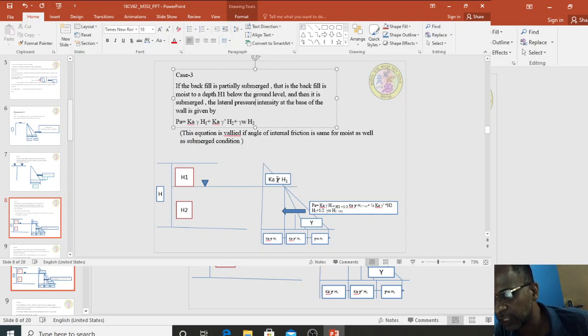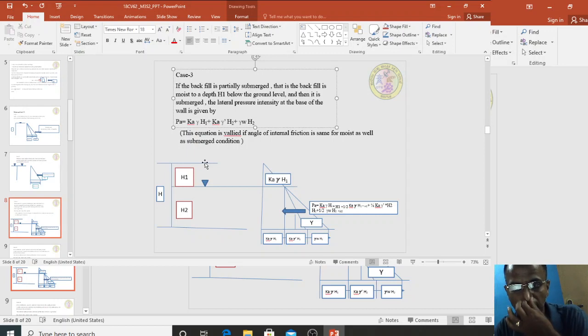If you see, this is the height of the retaining wall. Water is not there at the ground level, that is, at the top of the retaining wall. Water is available at a depth of H1. So from the bottom up to height H2 it is submerged. From the height H2 to the top it is saturated.